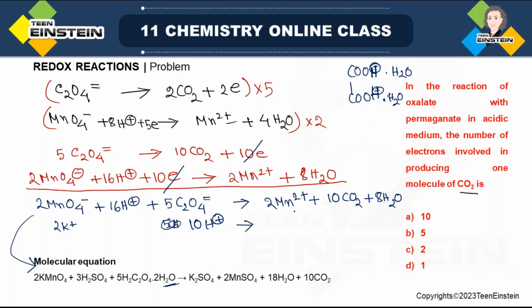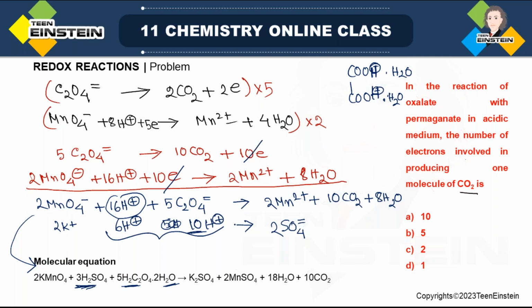Now 2 Mn2 plus, to balance this Mn2 plus, there is basically sulfate ion we have to add. Per Mn 1 sulfate, that means 2 sulfate ions. Then 10 CO2 is already neutral, and there is 8 H2O. But here, if you see, 3 H2SO4, right? That means here 6 H plus. Now ultimately, if you balance all this hydrogen, total 10 H plus here, and 6 H plus, that we have already in the form of 16 H plus, right?